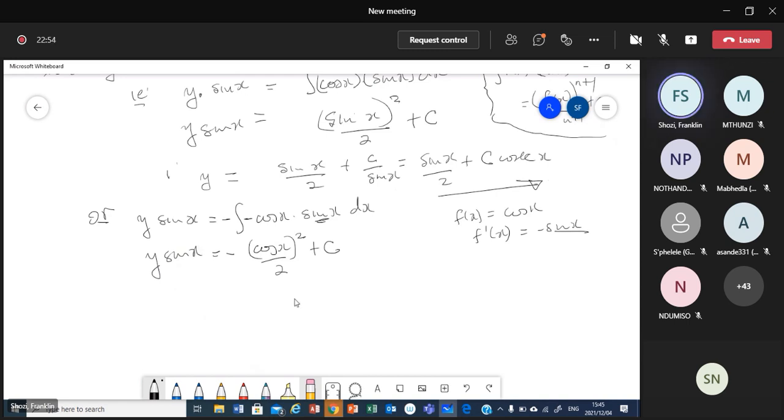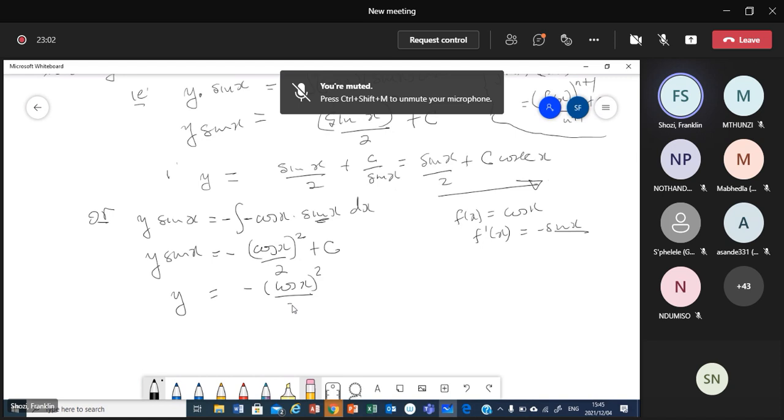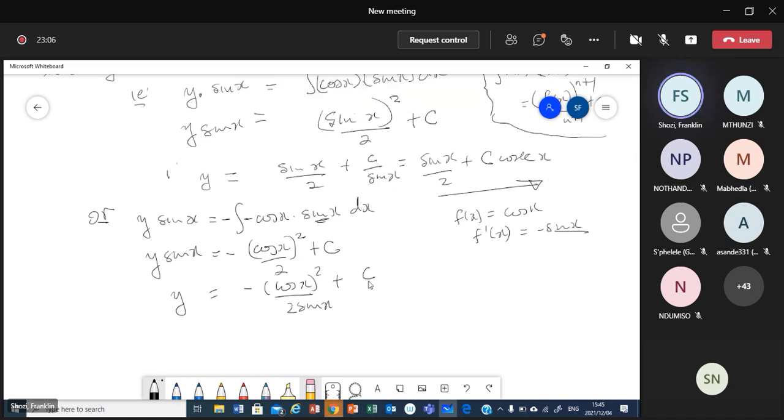That is also my answer. Dividing by sine, y is equal to minus cos x all squared over 2 sine x, plus c over sine x. This answer and that answer are one and the same thing for this particular problem.